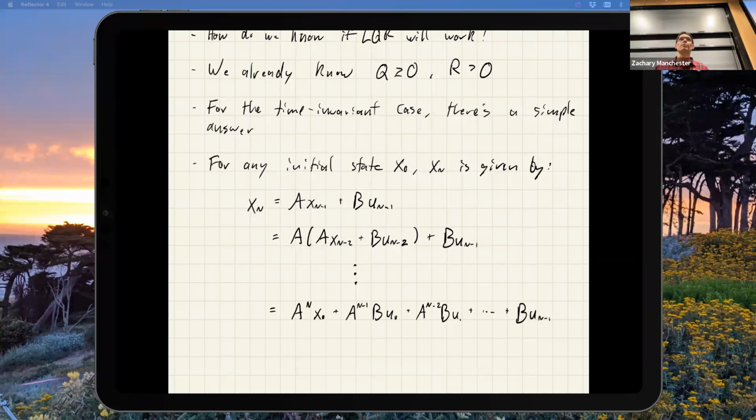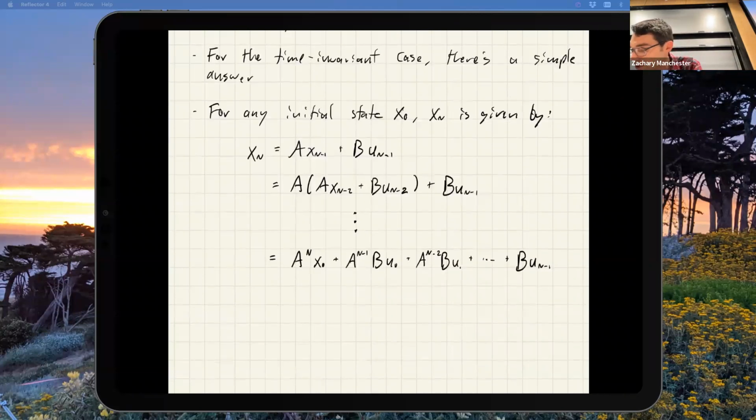Does that make sense to everybody? Cool. So I go all the way back to time 0, I get this thing, and I can write this whole thing down as a big matrix equation that looks like this.